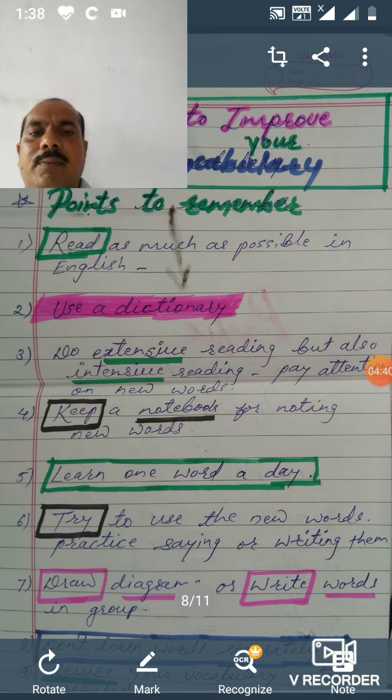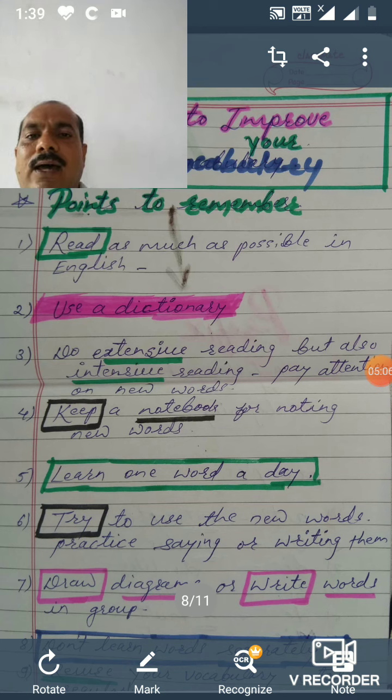Fourth point, keep a notebook for noting new words. For collecting vocabulary, we have to keep one notebook for taking down new words, and that collection we have to keep forever.